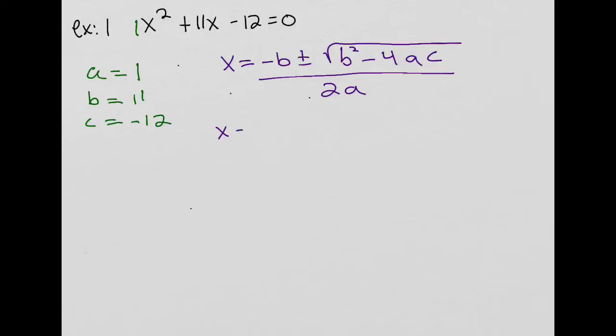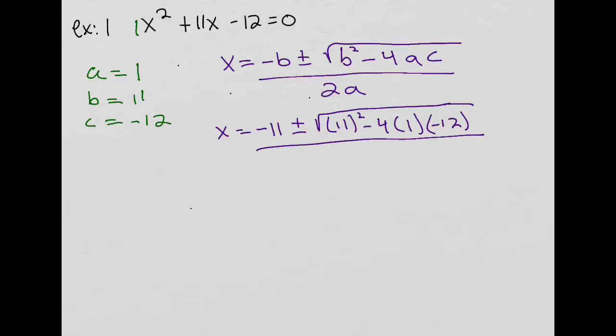Okay, so now I'm just going to substitute. B is 11, so negative 11, plus or minus the square root of 11 squared minus 4 times 1 times negative 12, all over 2 times 1. Okay, so 11 squared is 121.